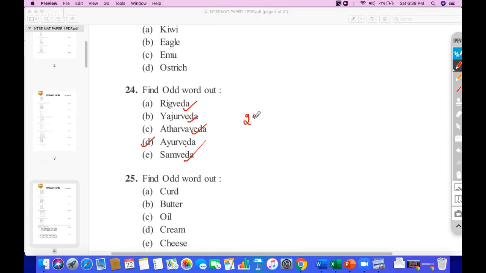And question number 25, curd, butter, oil, cream. So it would be oil because all others use milk. So 24 and 25 is done.